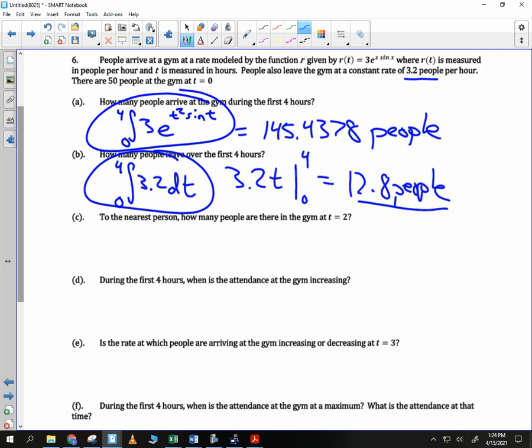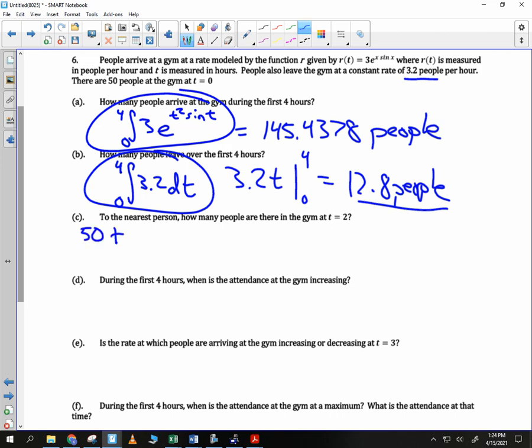To the nearest person, how many people are in the gym at time equals 2? So I've got people arriving and people departing. And I start with how many people? Wouldn't you say it's the number of people that you have at the beginning? So how many people do we have at the beginning? 50.